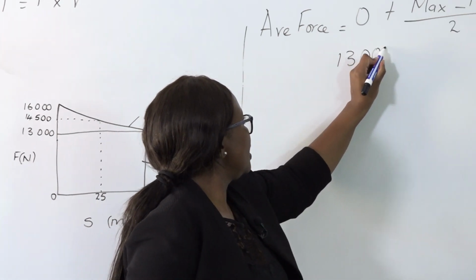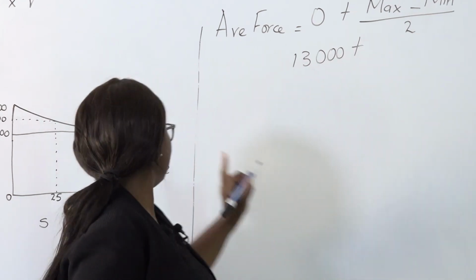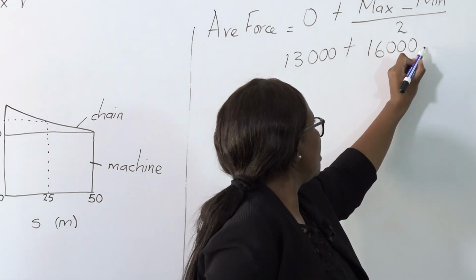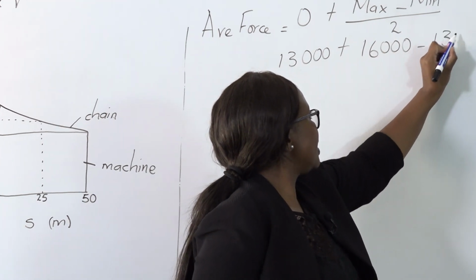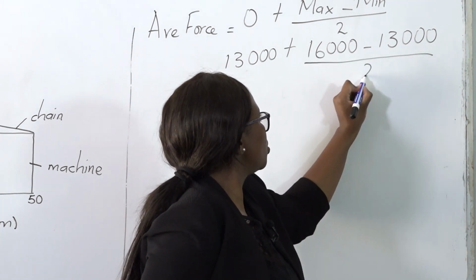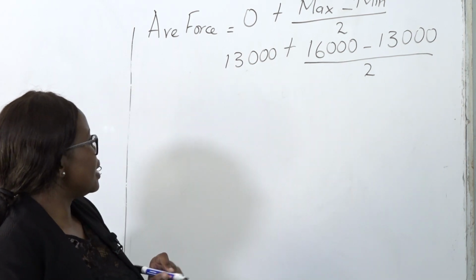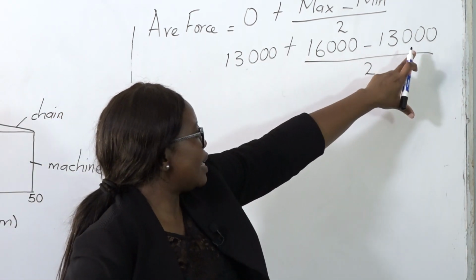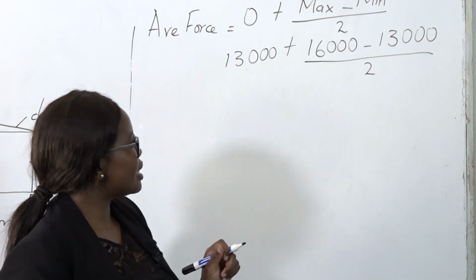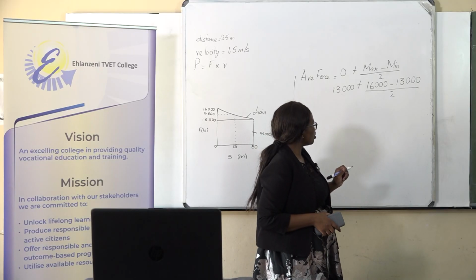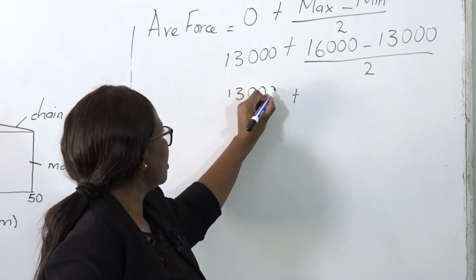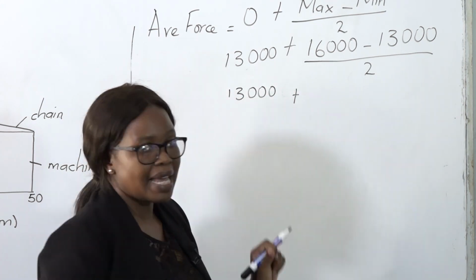So we are saying 13,000 plus the maximum force, 16,000, minus minimum 13,000, divided by 2. Let's calculate 16,000 minus 13,000. What do we get? Here we are going to say, bring it down, 13,000. 16,000 minus 13,000.